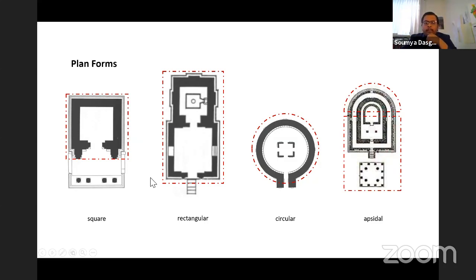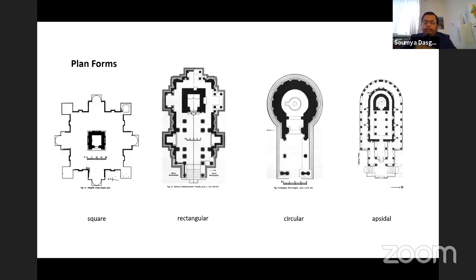Now, of course, these don't have to be this simple always. They can also be a bit more complex. So it's basically, let's say this temple, in Deoghar, it's a Gupta temple.